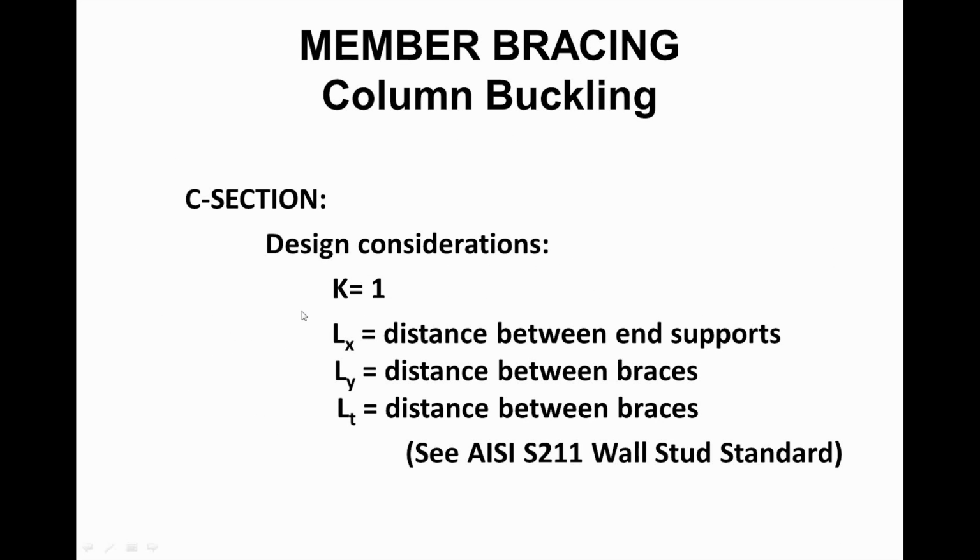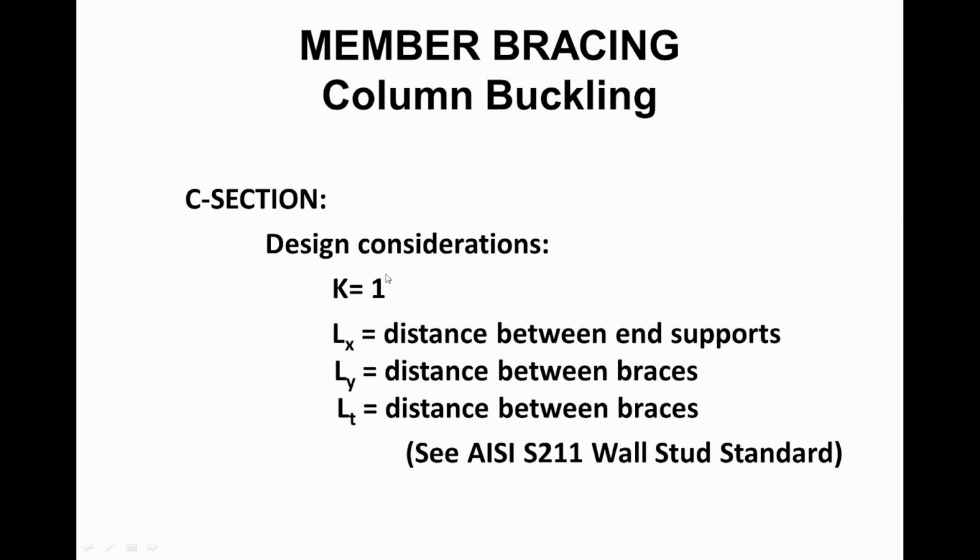As I design my stud, if I'm going to use an all-steel design, which means I'm not using the sheathing to provide bracing, I'm putting bridging members in, typically at 48 inches on center, for example. S100 gives me design equations to estimate the strength that member will have. Two parameters in that equation in S100 are K and L, which is the distance between my braces.